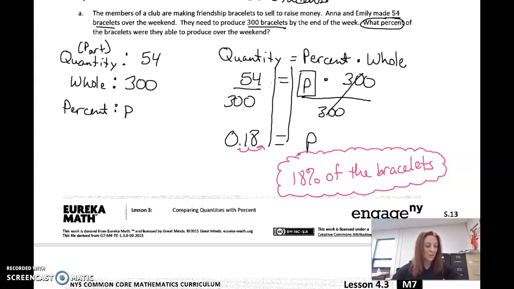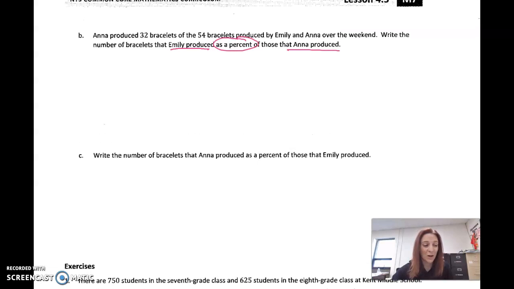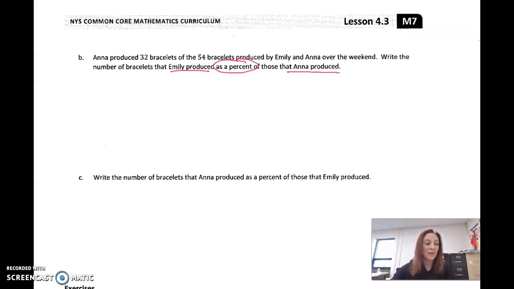Okay, so let's look at another example real quick. Anna produced 32 bracelets of the 54 bracelets produced by Anna and Emily over the weekend. Write the number of bracelets that Emily produced as a percent of those that Anna produced. Okay, so let's do this. Anna produced how many? 32.